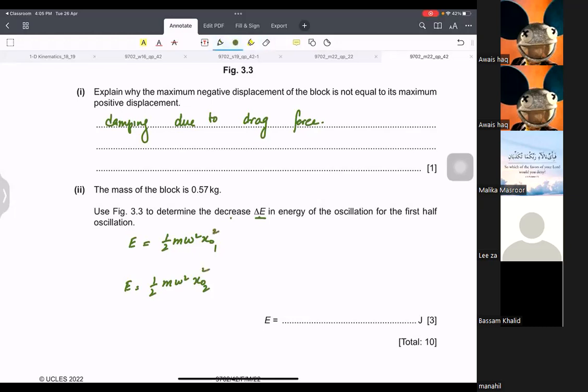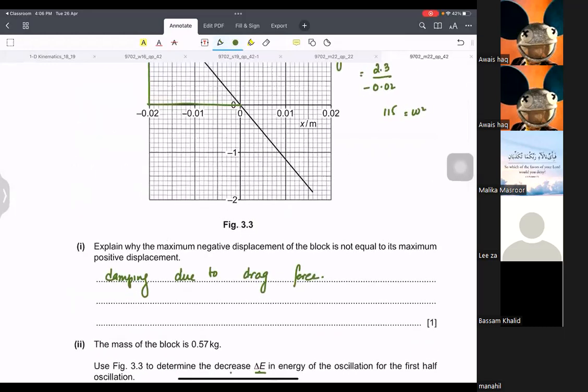Okay, that's fine. Now ours is right. Now we can subtract these two. So we can take half m omega square common. x naught 1 square minus x naught 2 square. Sorry, change in energy. Mass is half times 0.57. Omega square, sir, is 115.